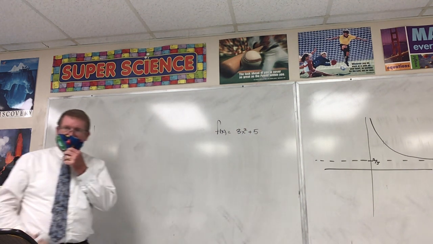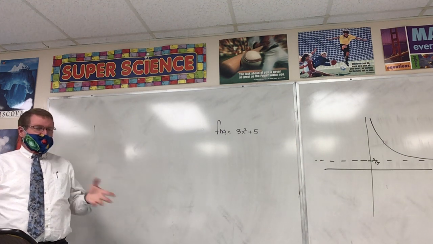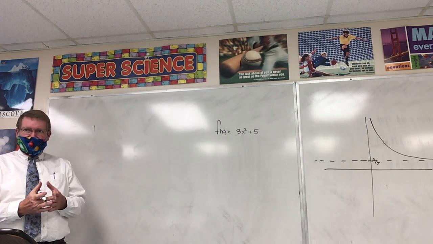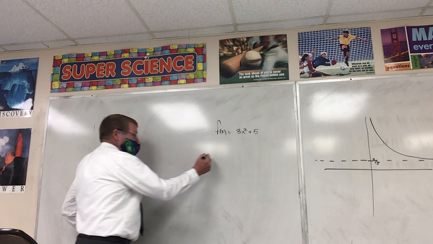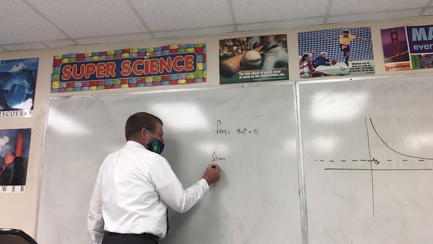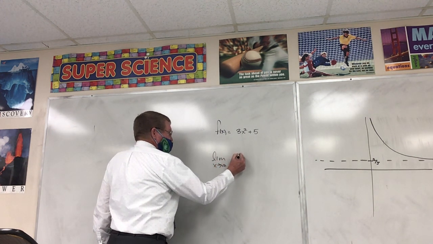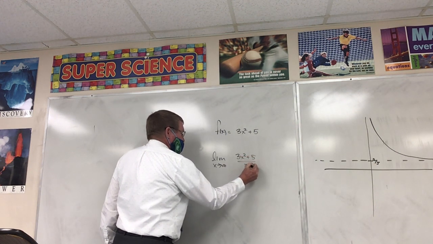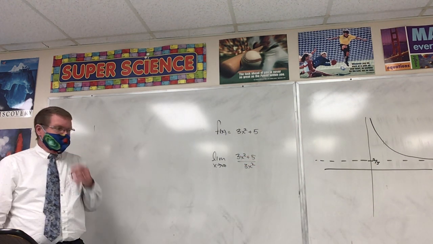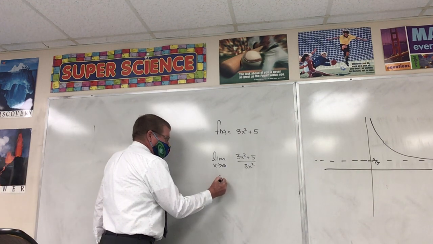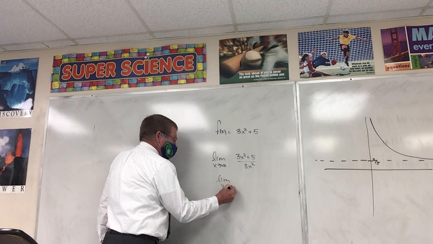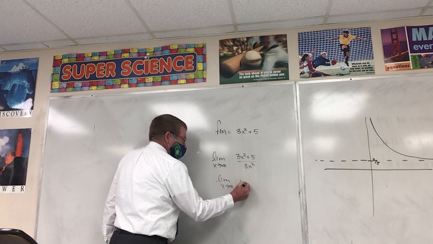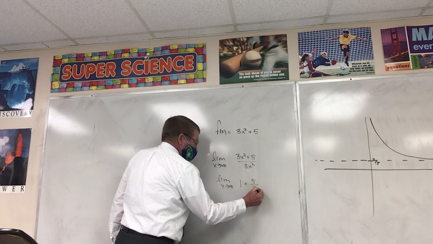If I go back to here, as I said, my end behavior model is usually my leading term. So according to the definition, the limit as x approaches infinity of (3x squared plus 5) over 3x squared. Well, if I simplify this, the limit as x approaches infinity of 1 plus 5 over 3x squared.